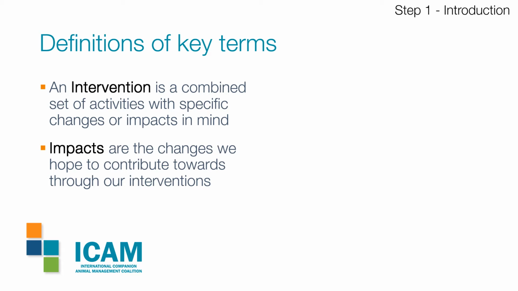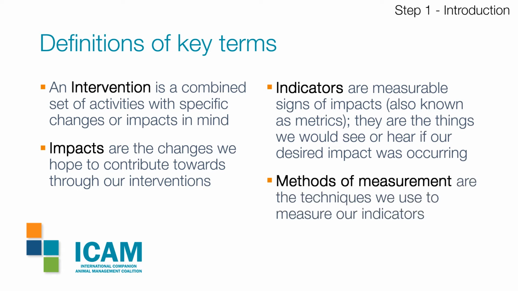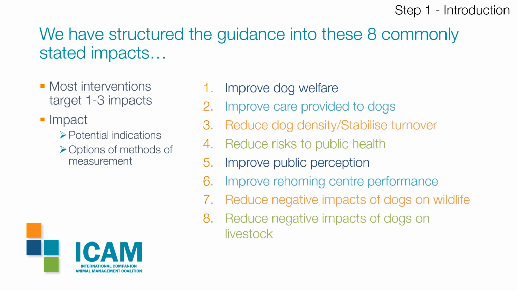Impacts are those changes that we hope to contribute towards using our interventions. Indicators are the measurable signs of those impacts, things we would see or hear if our desired impact was occurring. And methods of measurement are those techniques that we would use to measure our indicators. So different DPM interventions will have different impacts in mind, but we found that most fell into these 8 categories of impact, and these 8 provide the structure for our guidance.